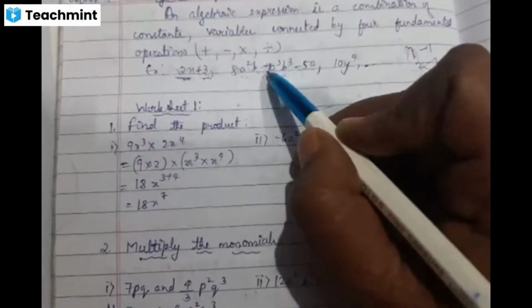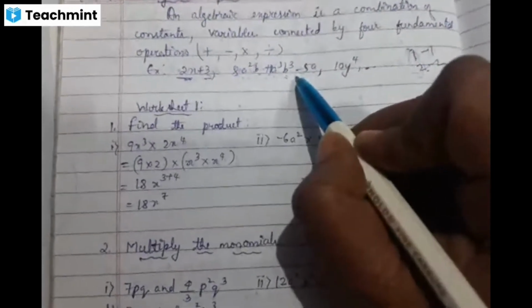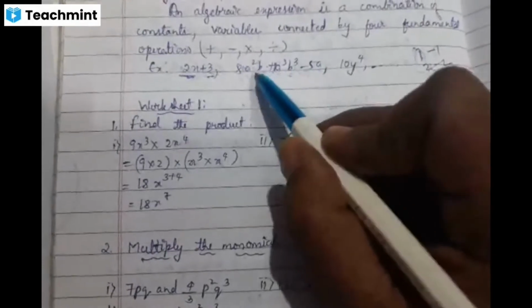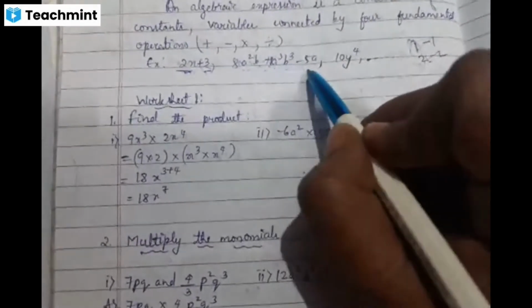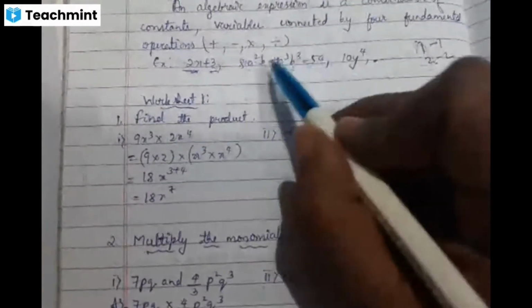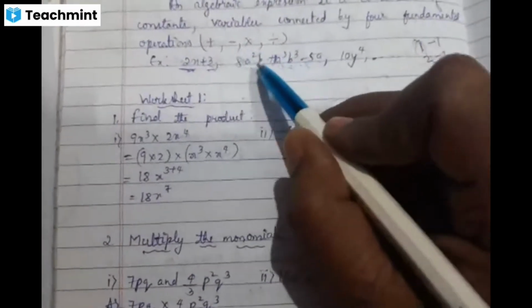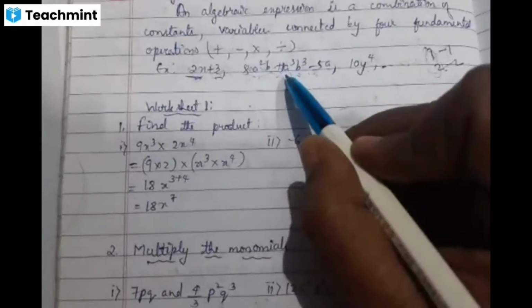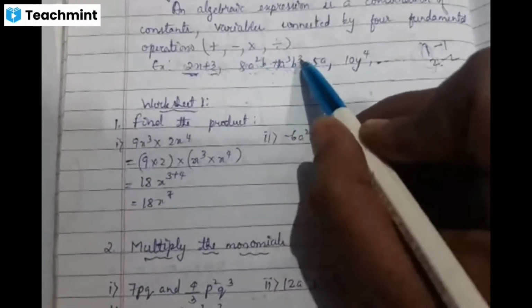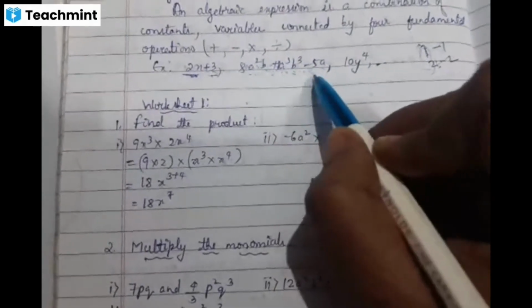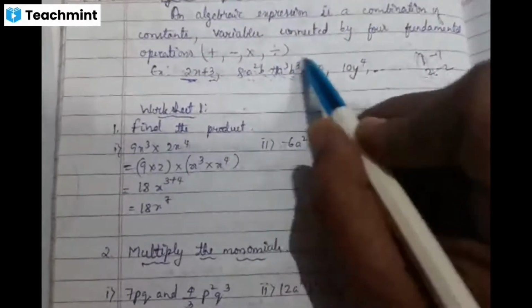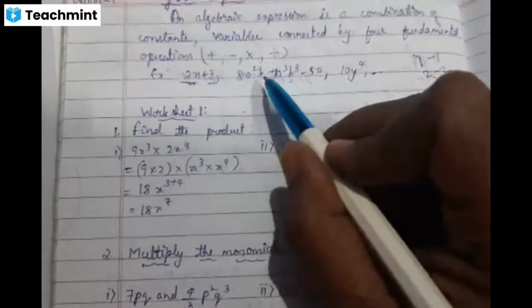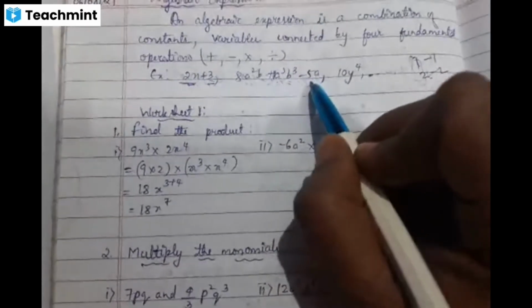Only you have to consider plus and minus sign. Plus and minus sign separate the terms. Therefore, you have three terms in this algebraic expression. That is, one is 8a square b, one more is a cube b cube, one more is minus 5a. Therefore, the total terms in this algebraic expression are 1, 2 and 3.